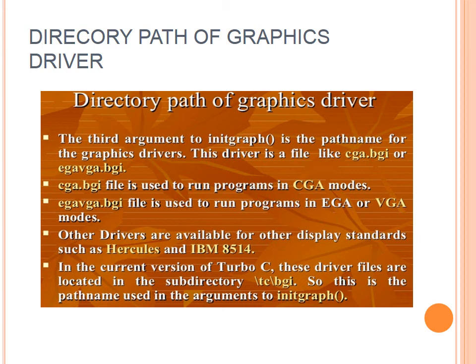In the current version of Turbo C, these driver files are located in the subdirectory TC\\BGI. So this is the path name used as the argument to the initgraph function.